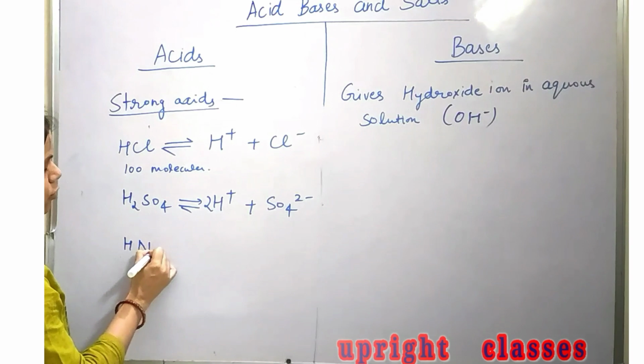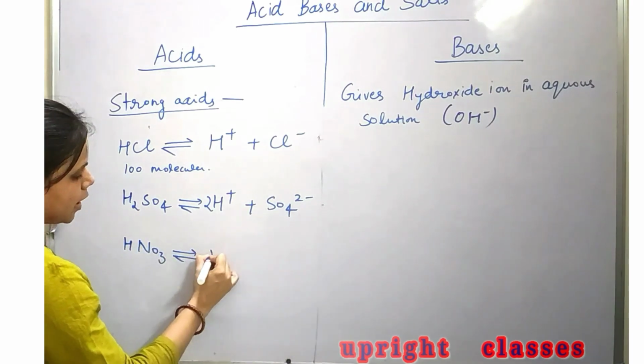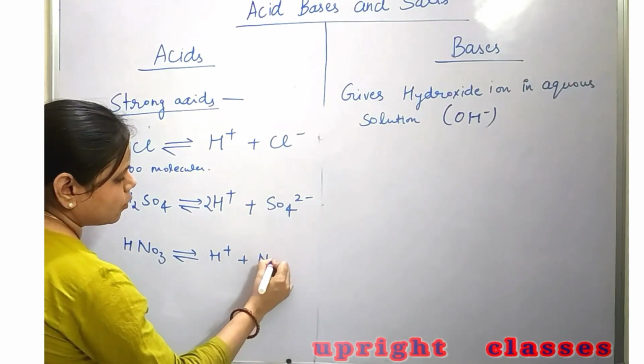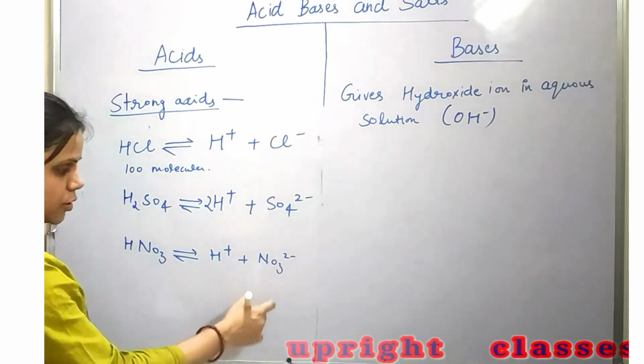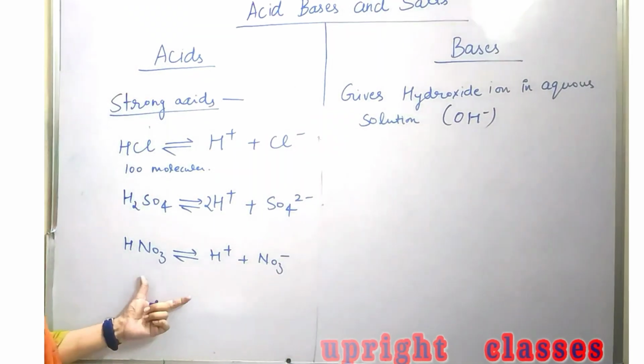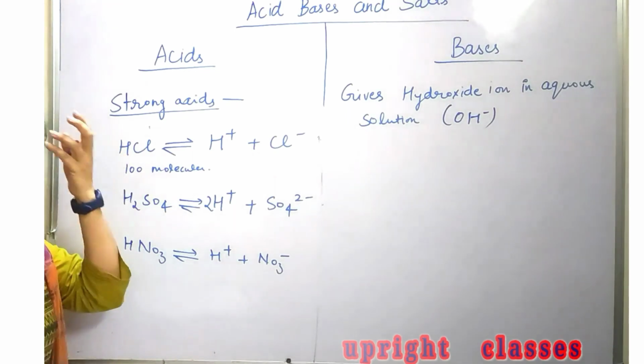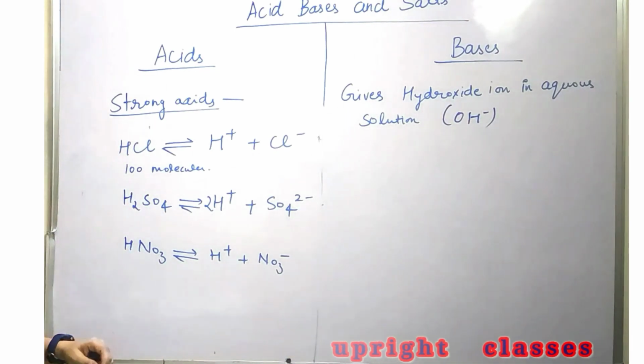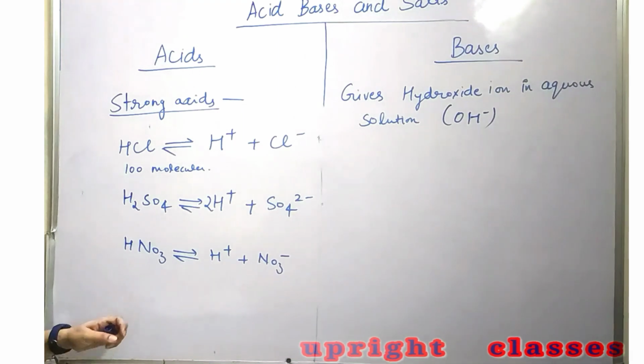HNO3 is also a strong acid, giving H plus and NO3 minus, because it completely dissociates.